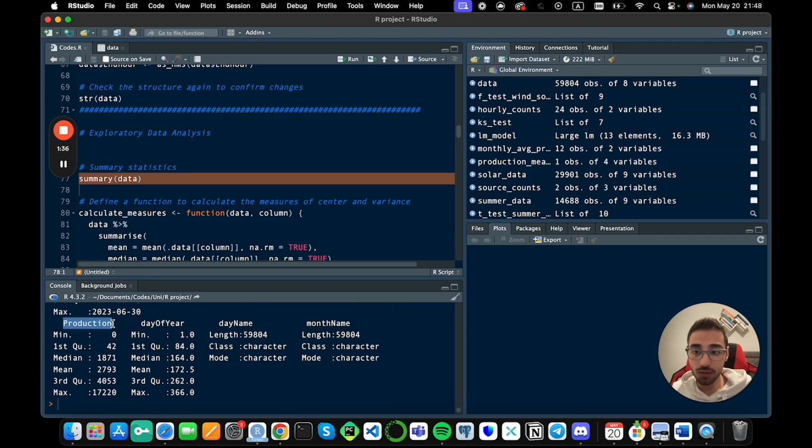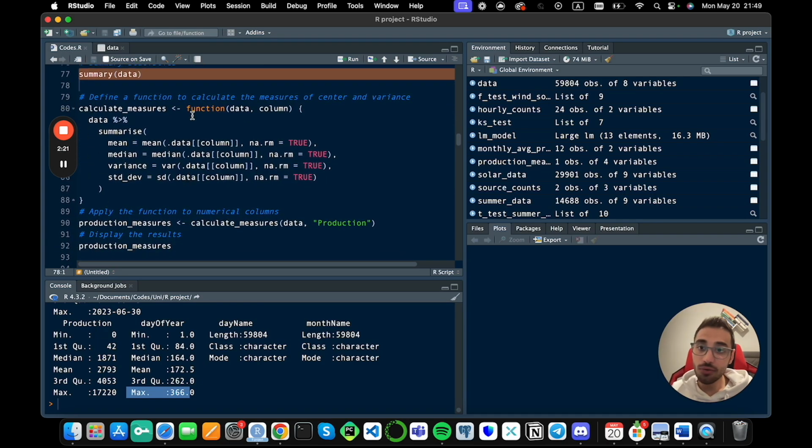If we go to production, as we can see here, the minimum is 0, so some days maybe we didn't produce anything, and maximum we produced 17,220 megawatts, which has a huge gap between third quartile and the maximum value. So something might happen here, as we can see. And day of the year we have 366 days, so first day is the 1 and the maximum is 366.